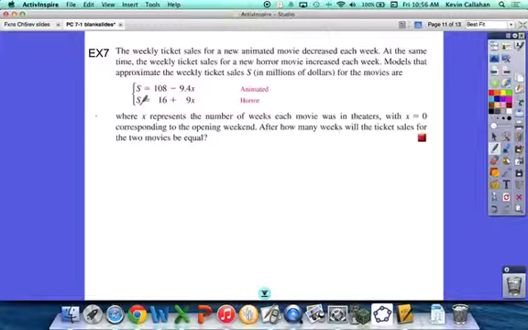What are we supposed to do with these two things? Set them equal to each other. Right, so this will be 108 minus 9.4x equals 16 plus 9x.